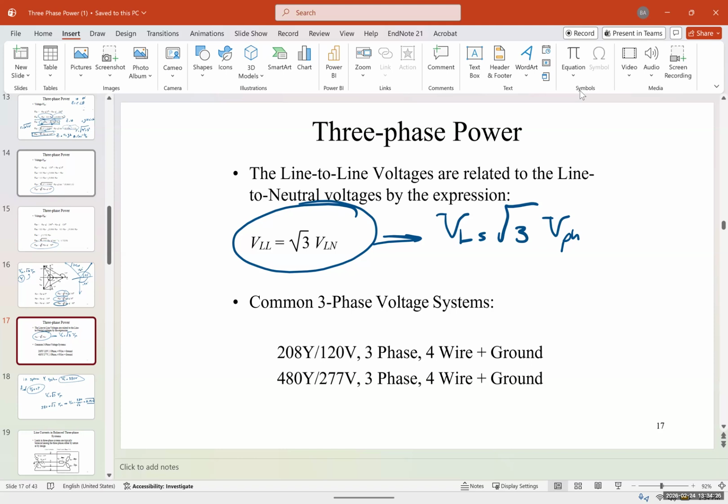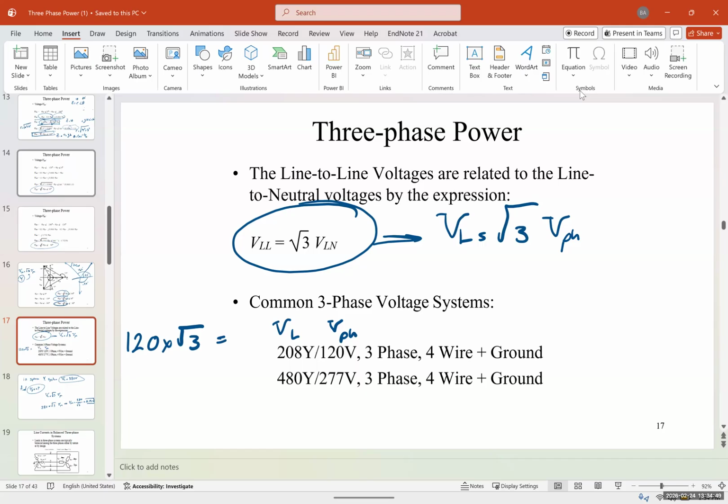Let's do something. I want you to multiply 120 by square root of 3. 208, yes? So the number on the right is our phase voltage, and the number on the left is our line voltage.